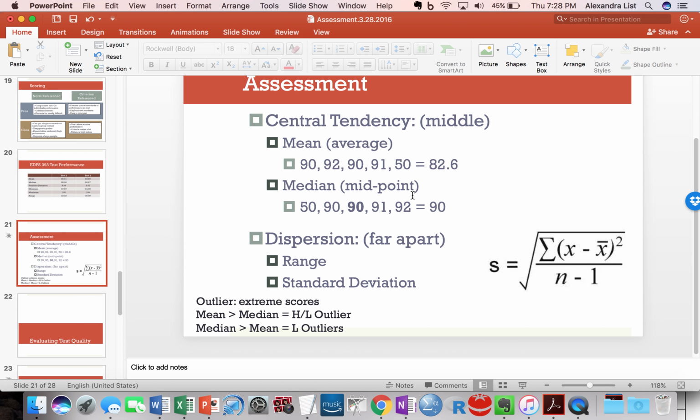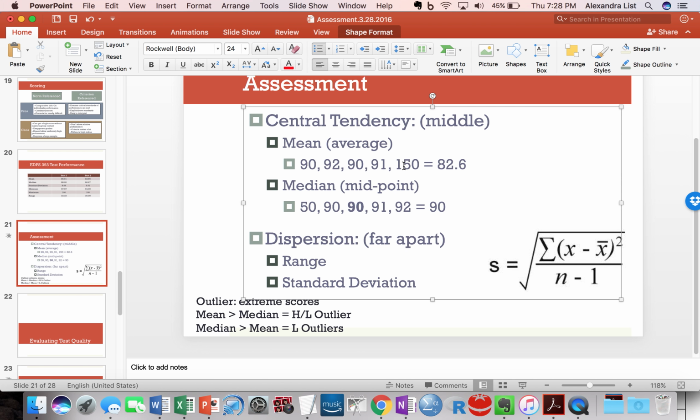And conversely, if we had a test, let's say, that somehow had over 100 points, so let's say the outlier was disproportionately high, then our average would be, let's add it up, that comes to 513 divided by 5. Our average becomes 102. I'll correct this in a second so it's not messy.